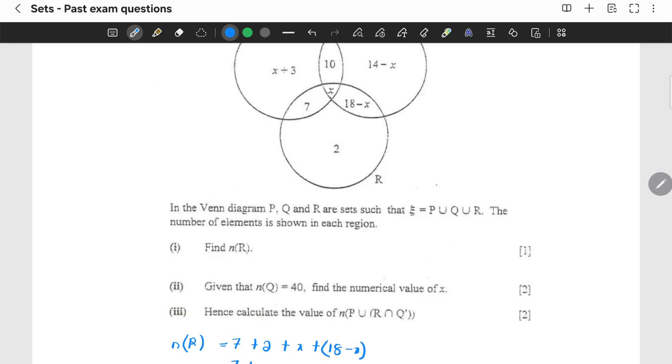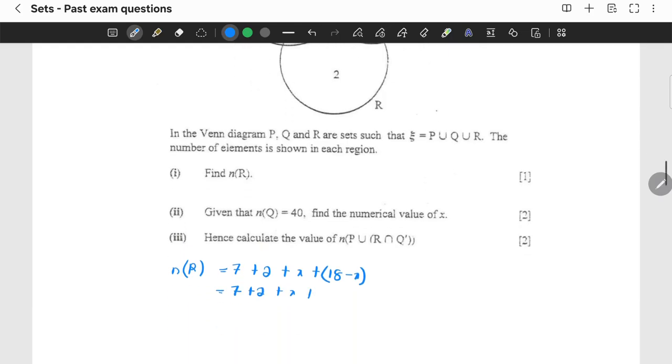Expanding this, 7 plus 2 is 9, plus 18 is 27, and x minus x will cancel, such that we have 27.